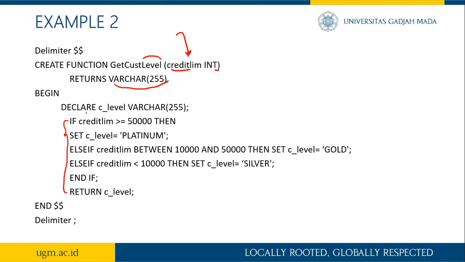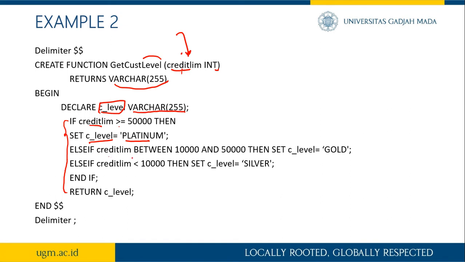So in this example, I will declare C level. This is a local variable, C level, and the type is varchar. And then I will do the checking with the if else statement. If credit limit, which is the value passed to the parameter, is more than 50,000, then set C level, the customer level, to platinum.